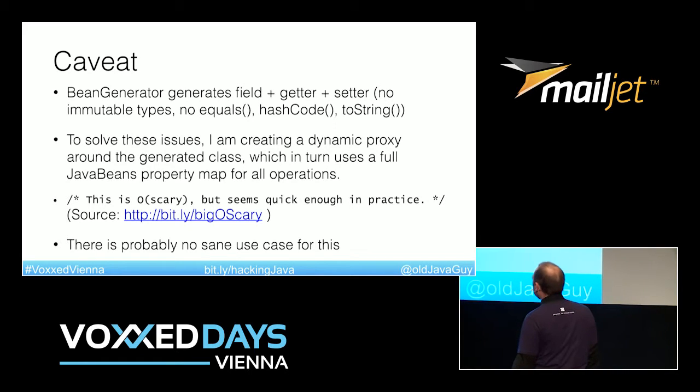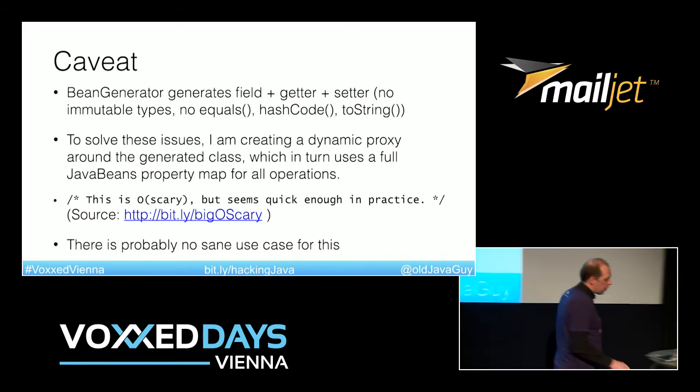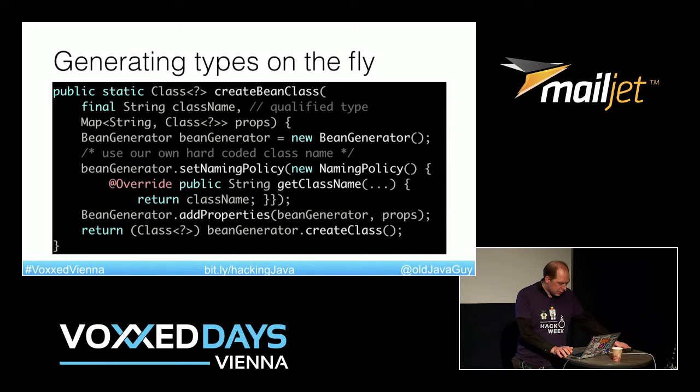So obviously, if you look at the code, you can go, oh, good Lord, this is crazy what this guy's doing, and it is. And please don't use it in production, but it's kind of interesting to see what you can do. So I'll show you a bit of it. So this is just creating a class on the fly.